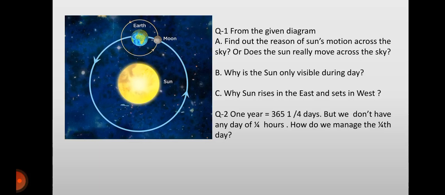This is the time taken by the earth to complete one revolution around the sun. But actually when we look at our calendar, we don't have any day of 1/4 hour. We have days of 24 hours only. So how do we manage the 1/4 day?